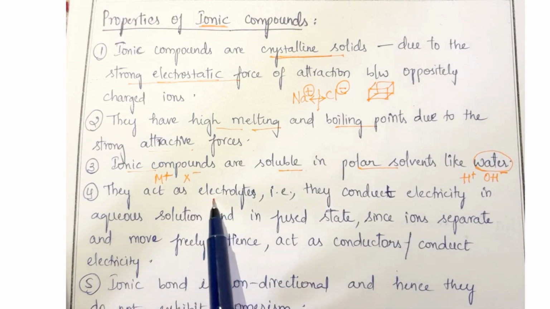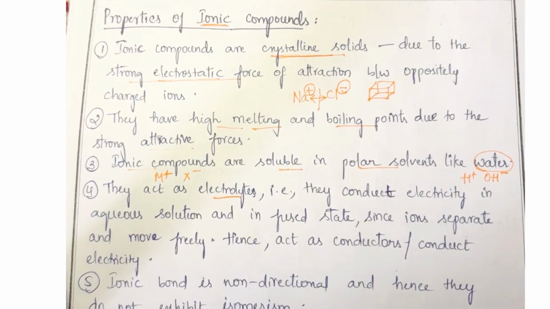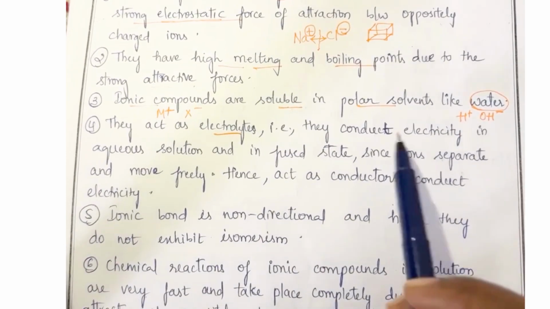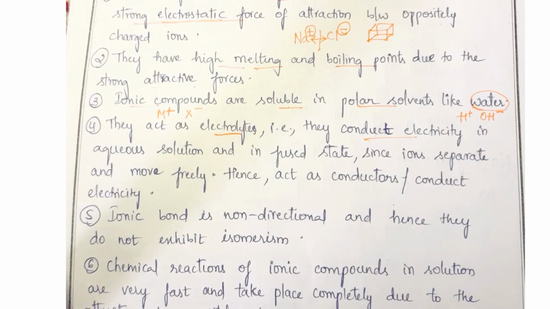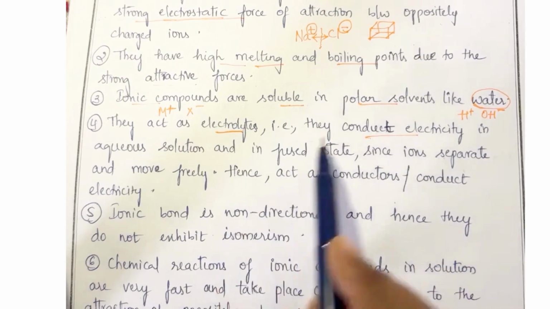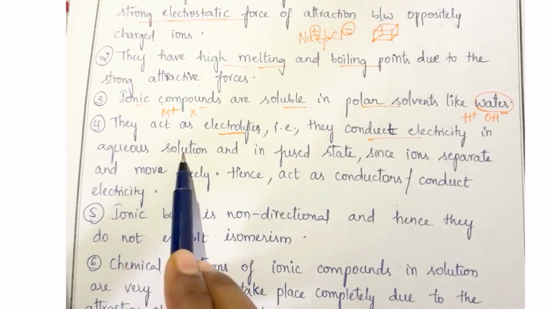And they act as electrolytes. Electrolytes means when they dissolve in water, they release ions and hence they conduct electricity. Suppose you take salt water and pass some electricity through it, then you observe the conduction of electricity. So they conduct electricity in the aqueous solution. What is aqueous solution?